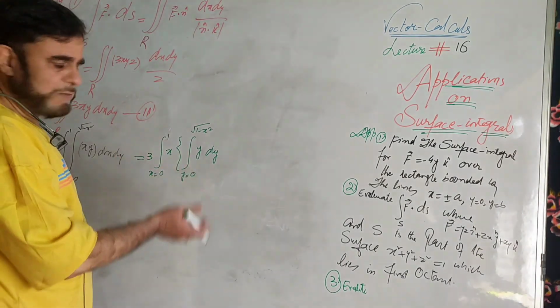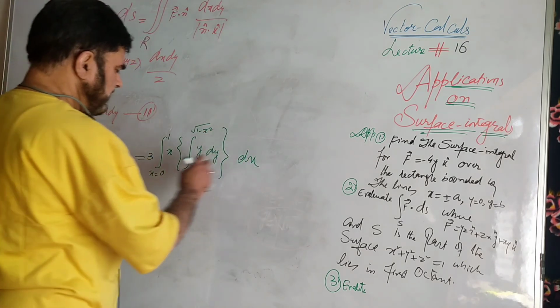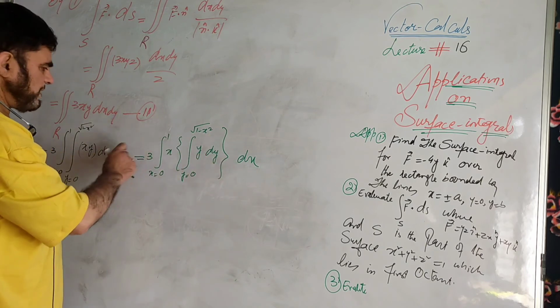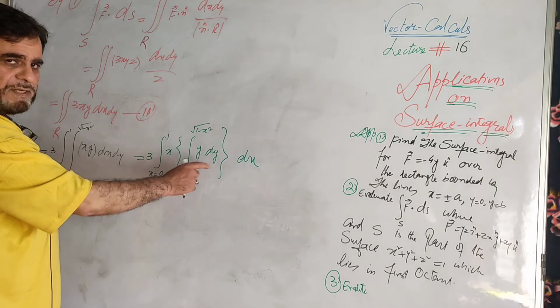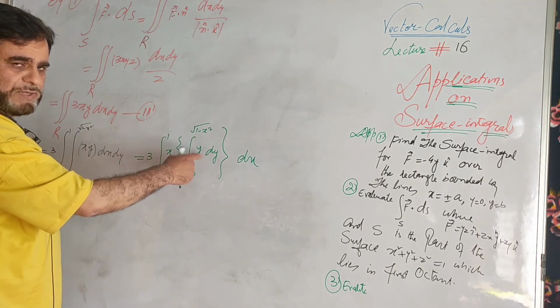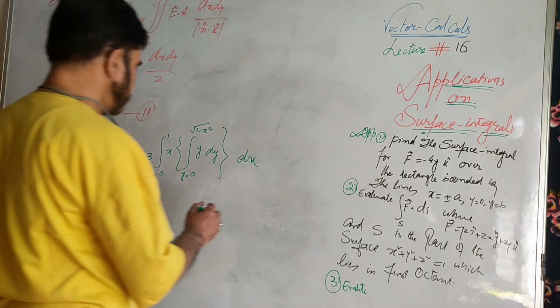You know the double integral. The x I kept out, this is for this dx, and this is y dy. I have distributed the multiplication of the y function with the integral where we have the limit. This is a double integral.